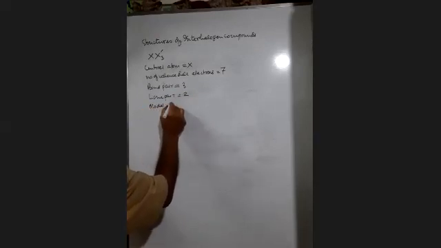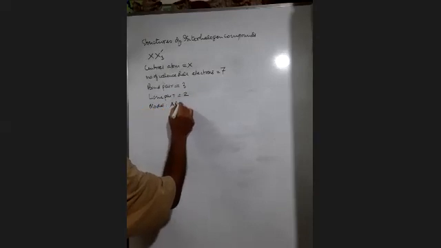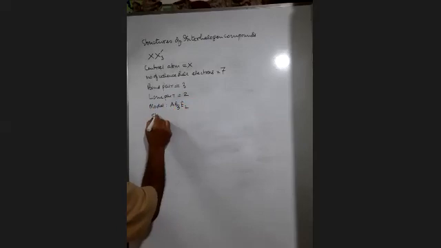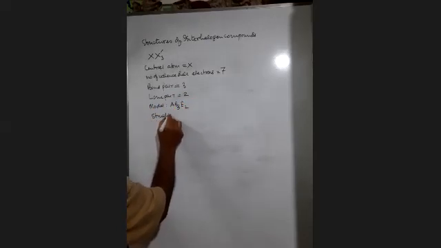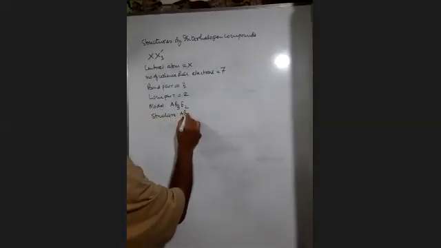The model is AB3E2. So what will be the structure for this one? What is the original structure I showed you in class 11? For the original structure, you think these are also B, so it is AB5. This is the model.